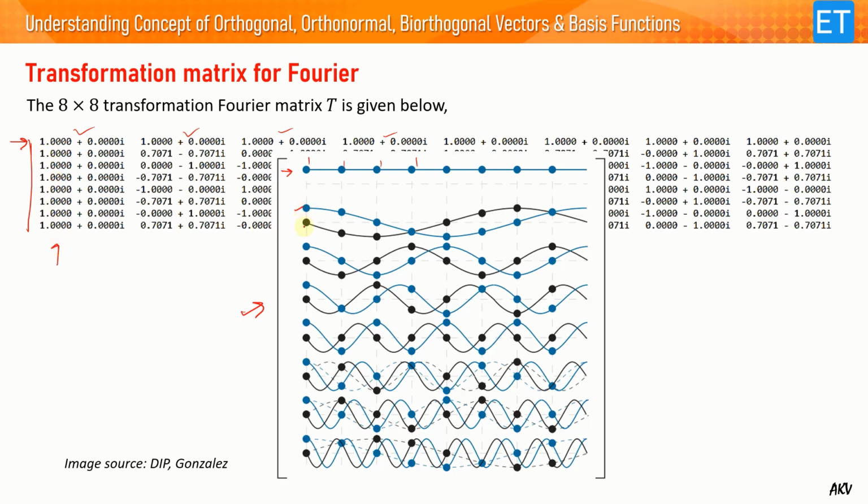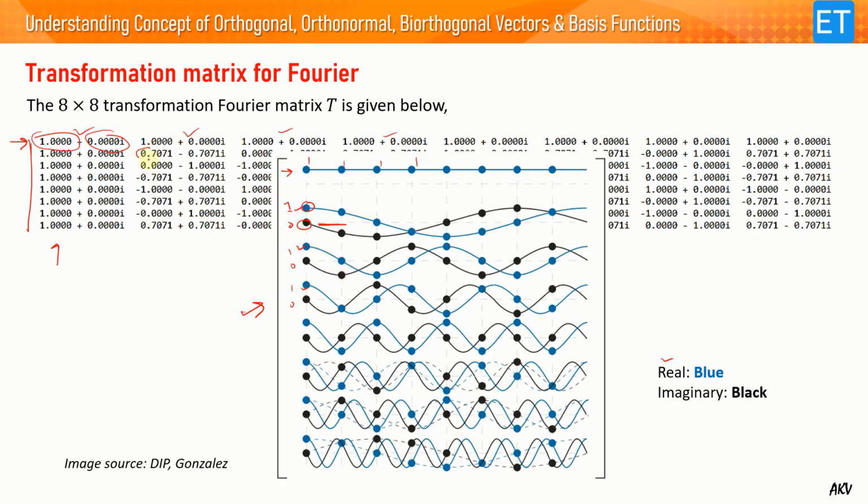See, these blue are actually representing the real values, and black is representing the complex values. So 1 is real, that means 1, and imaginary part is 0, so dot is at this horizontal line 0. Okay, so this is 0 and this is 1. So you can see 1, 0, 1, 0, right?